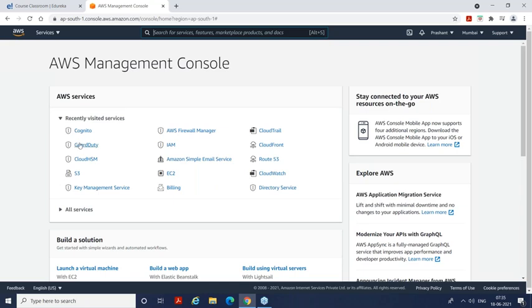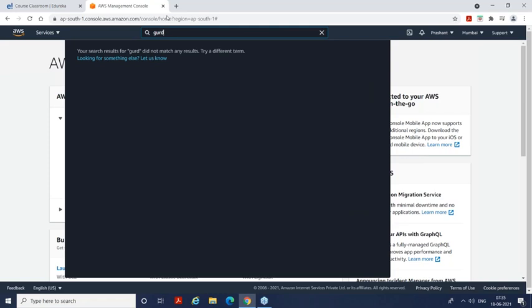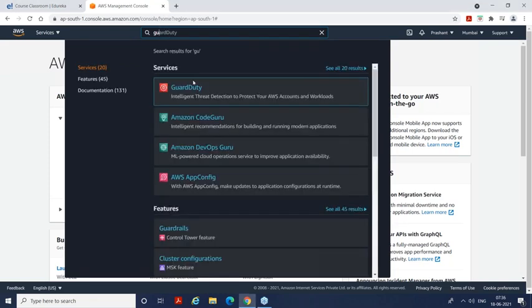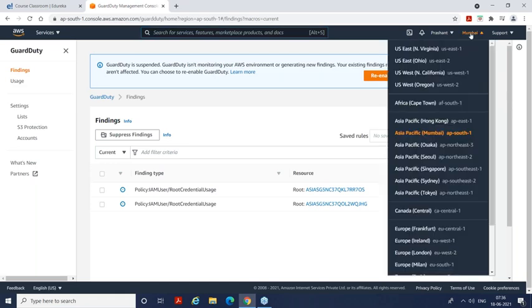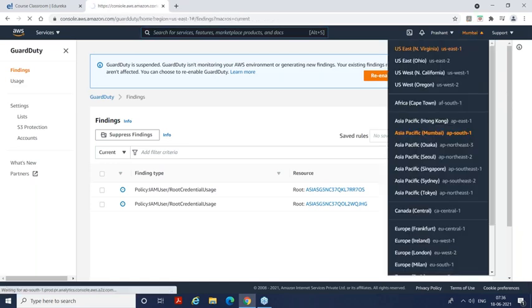How do I enable GuardDuty? I just search for GuardDuty here. Right. So ideally this service comes with a cost. Okay. For 1 month it is free. After 1 month they start charging you for this service.